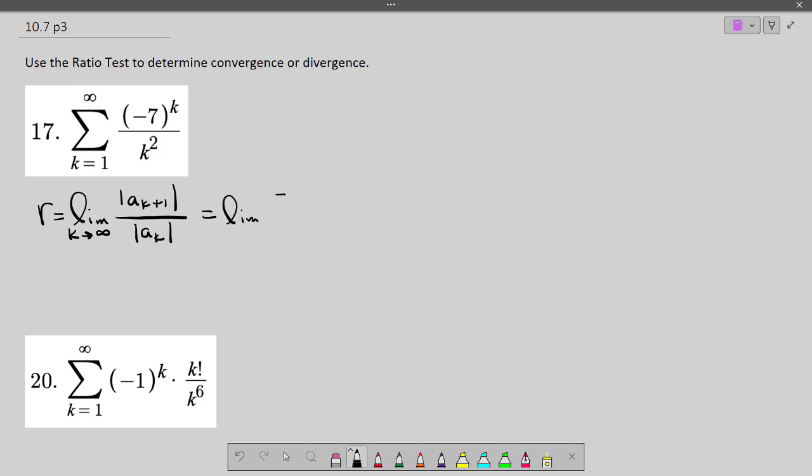So this is going to be the absolute value of a sub k plus 1. There's a sub k plus 1 in absolute value. And if we divide by a sub k, that means multiply by its reciprocal. So we get that.